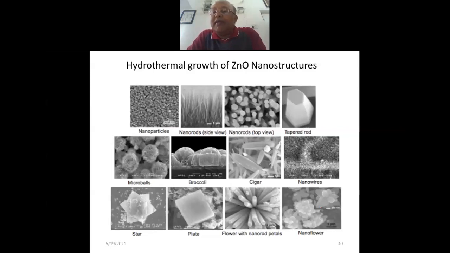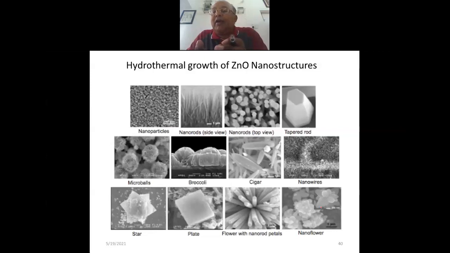So any type of salt, it's the same. That means I had zinc in water, and I had put in some source of hydroxyl ions, OH. That is sodium hydroxide or potassium hydroxide or ammonium hydroxide. That means the sources are zinc from a zinc salt and hydroxide from an alkali.